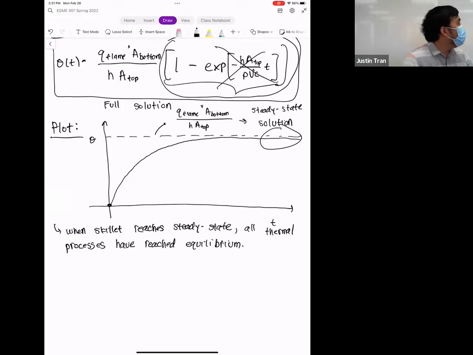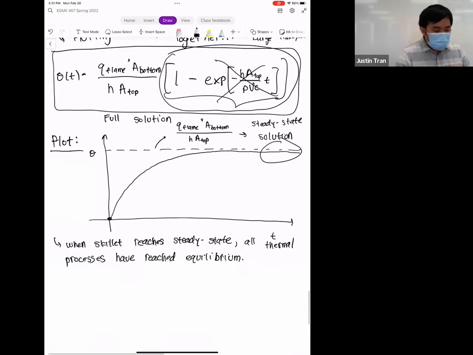We looked at our chunk of metal and our ice cube, and that reached steady state just whenever it reached the same temperature as the fluid. Here, since we're introducing some heating elements, the steady state is whenever those heating elements are perfectly balanced by the convection cooling or convection heating, whatever we have. Any questions on this?